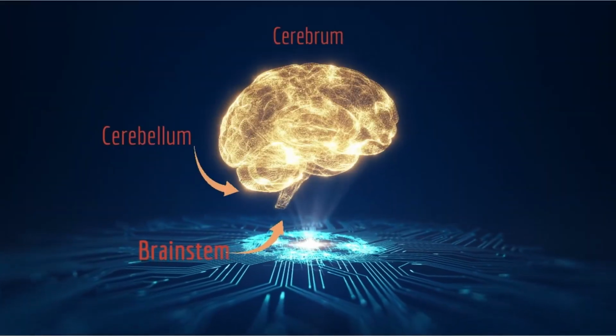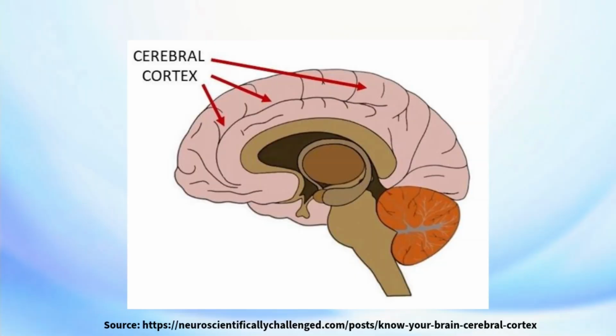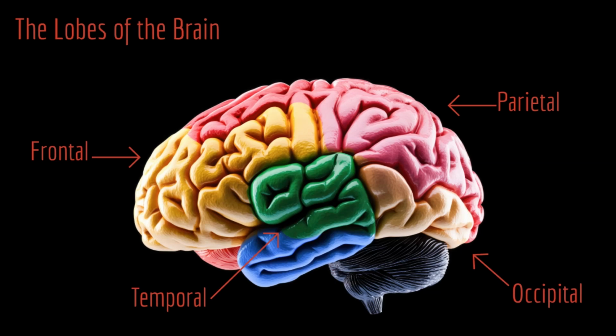The cerebral cortex is the outermost layer of the brain, or the superficial part, and consists of 6 layers of nerve cells. Again, the cortex is divided into 4 lobes, so the word cortical refers to the cortex of the cerebrum, or the outermost layer.